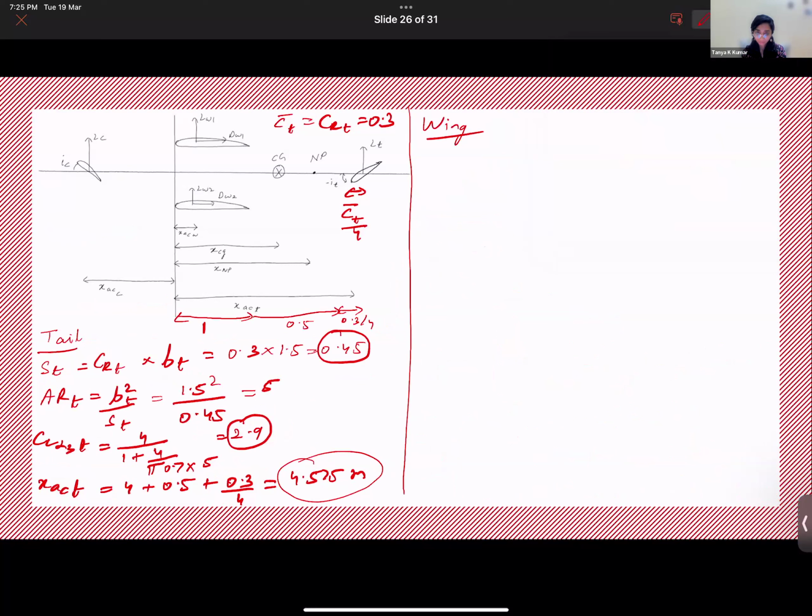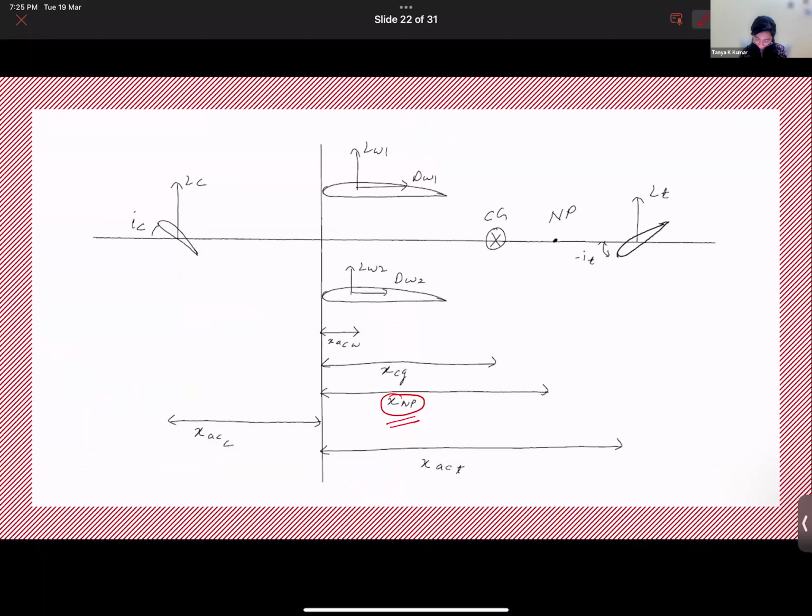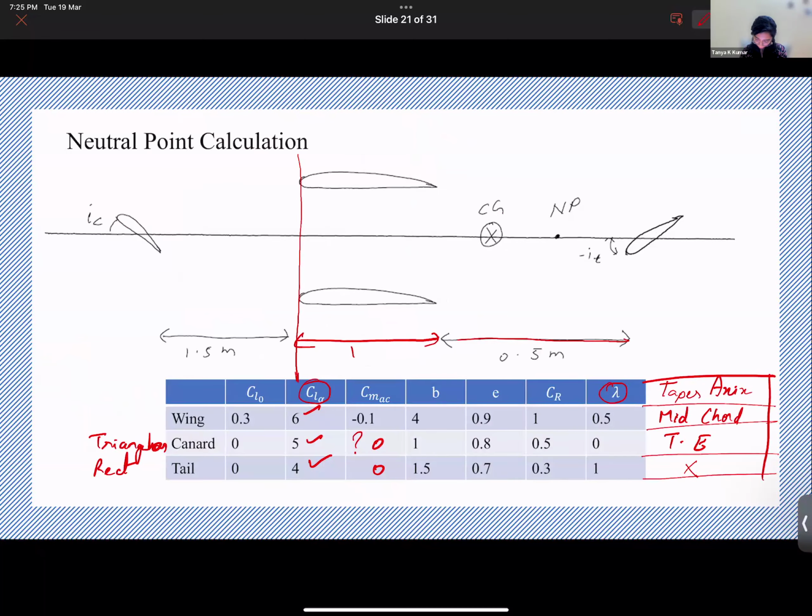So what all did we have to find out? S wing. What is the area of the wing? How do you find out this? So let's just draw the wing first. In the question, taper axis was mid chord, root chord was 1, and the taper ratio was 0.5.